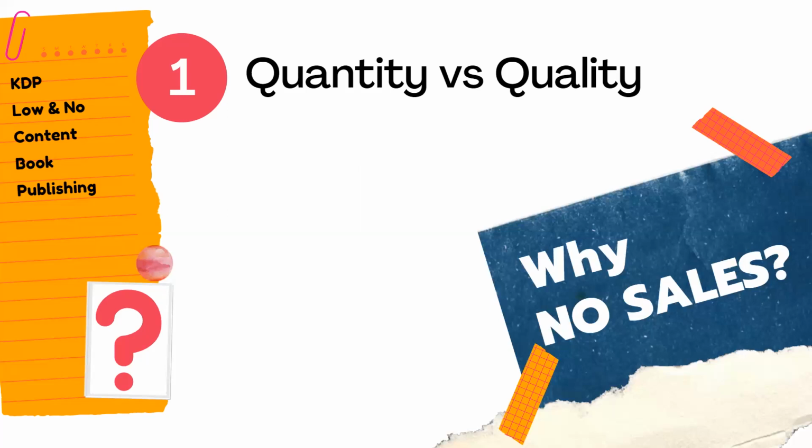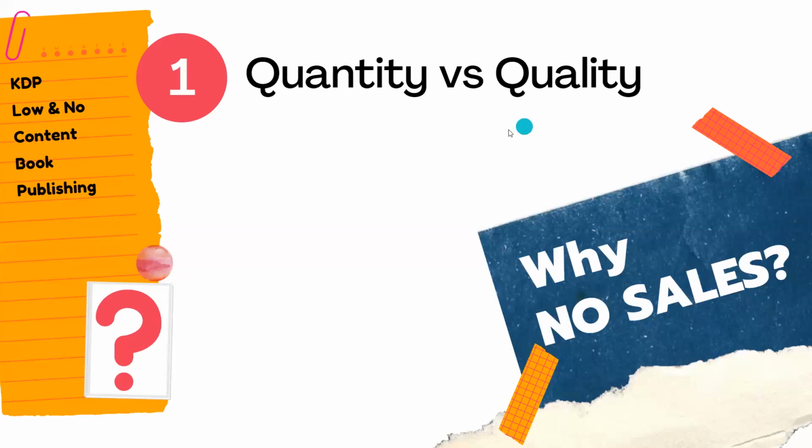It's a complete package. Once we have a quality book, it probably increases our chances of more sales. If we just have the quantity of books without quality, then we definitely will not see the sales. So yes, this is the number one reason why we are not getting sales: we focus more on quantity and not on quality.